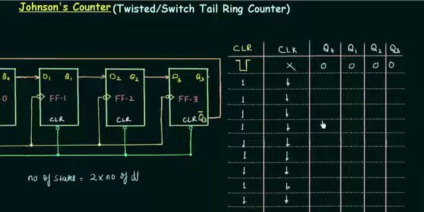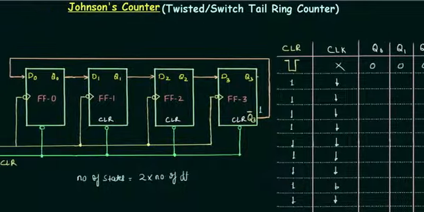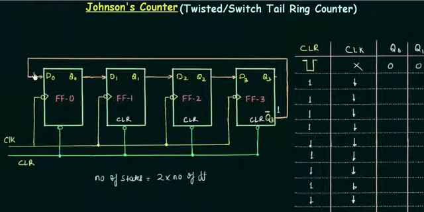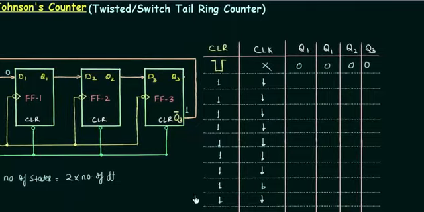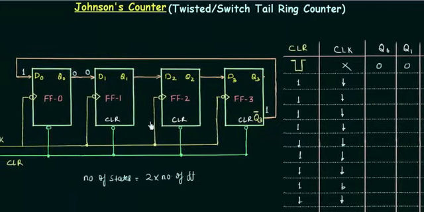Let's find out Q0, Q1, Q2 and Q3. When Q3 is 0, Q3 complement is 1, and this Q3 complement is connected to D0, so D0 is 1. I am finding the inputs to all 4 flip-flops, then we will see the output. So D0 is 1, D1 is definitely 0. All these outputs are 0, and Q1 was 0, therefore D2 is also 0, Q2 is 0, therefore D3 is 0.